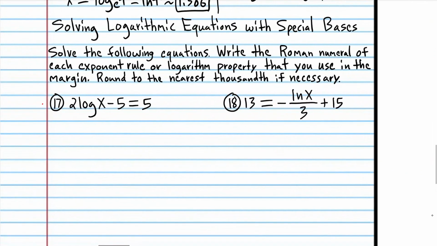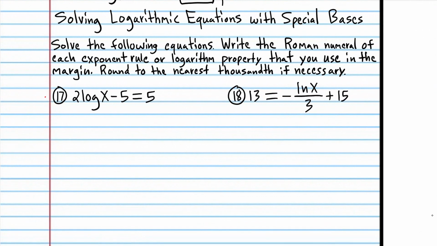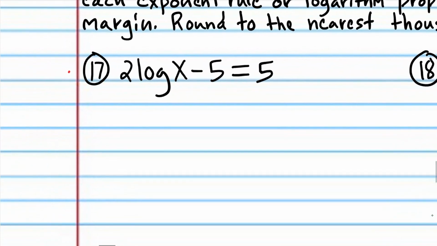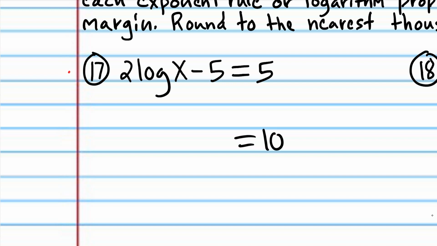Okay, so now we're going to solve logarithmic equations. In the previous problems, we solved exponential equations. Now we're going to solve logarithmic equations because they have logarithms in them. So what I need to do in these problems is isolate this logarithm. So I'm going to add 5 to both sides.